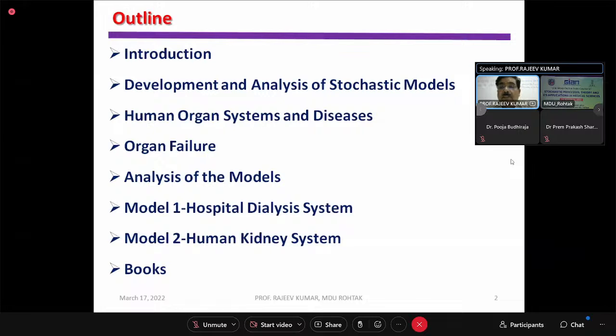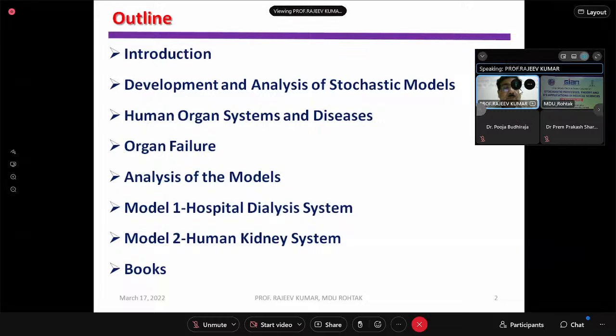I'm from a mathematics side. My specialization is in operation research and statistics, so I have to go through in depth what is human system, human organ system, what kind of disease can be there, then how the organ fails, what are the reasons behind that, and how any organ and vital organ deteriorates. Then we have developed the model for the system.